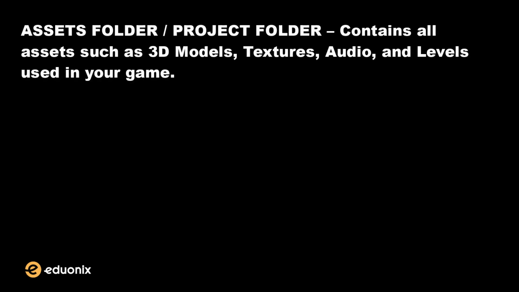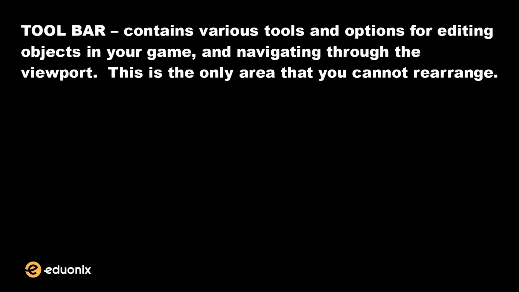The inspector window displays detailed information about the currently selected game object. The assets folder or project folder contains all of the assets such as 3D models, textures, levels, and audio that you're going to use in your game. The toolbar contains various tools and options for editing objects in your game and navigating through the viewport.